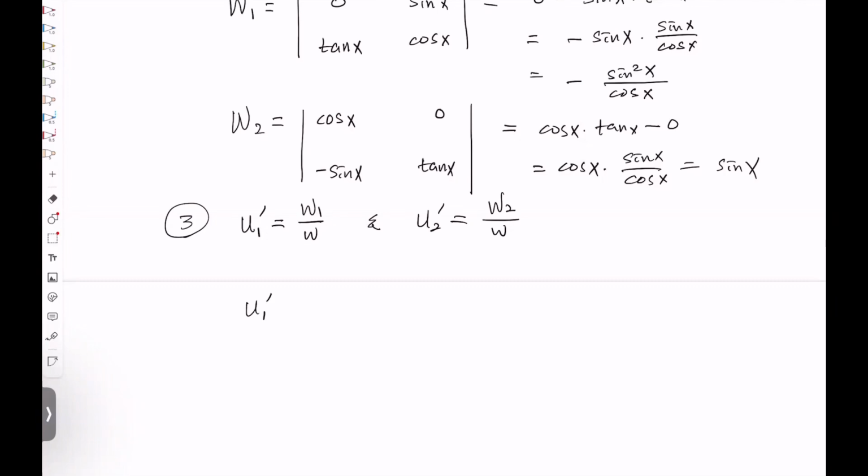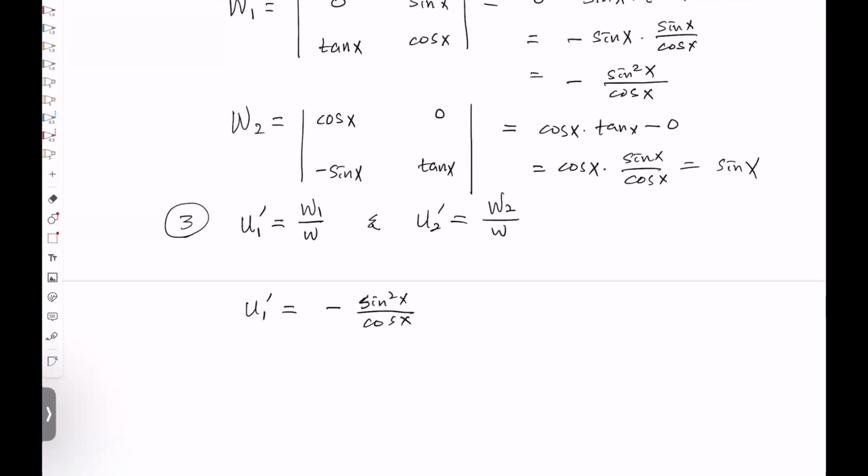So u1 prime is W1, negative sine squared x over cosine x, over 1. W is 1 in this problem. And the cheat sheet says if there is only sine squared x, we can do that. On the first page of the cheat sheet, integration formulas, the fourth line from the top, we can do that. But because of the cosine x, we would have to do integration by parts.